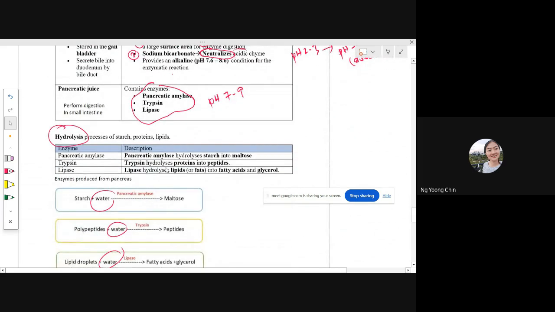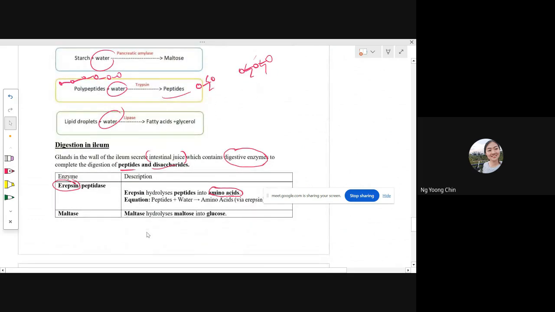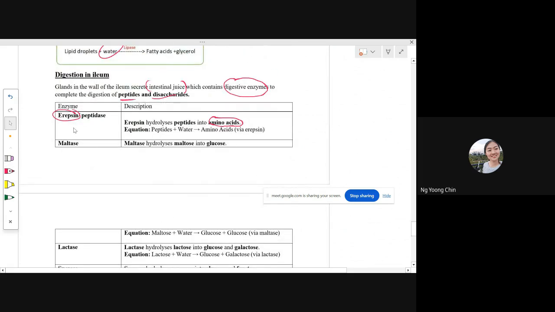After the digestion by the trypsin, they become peptides, in this form, which is a shorter chain. Then the peptide is further broken down at the peptide bond, like this, releasing free amino acids by the erepsin.